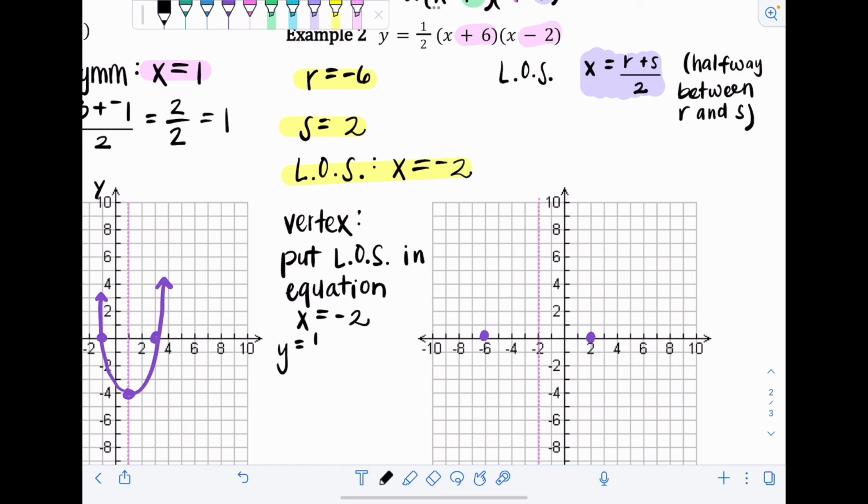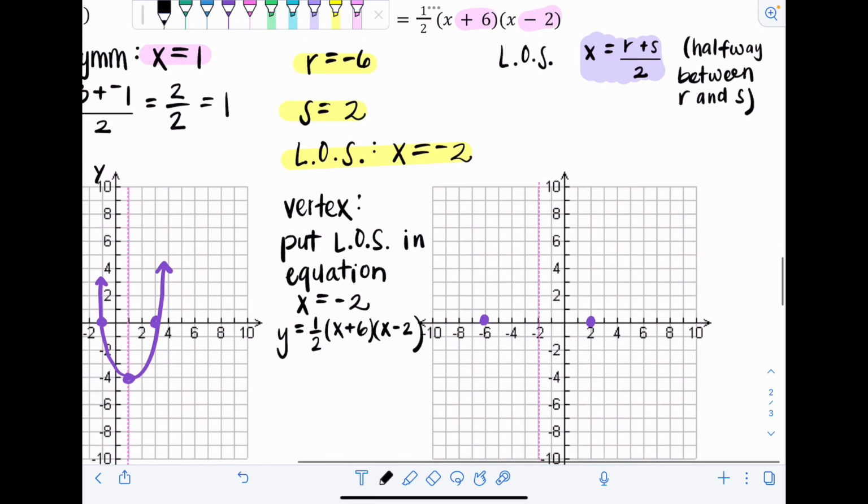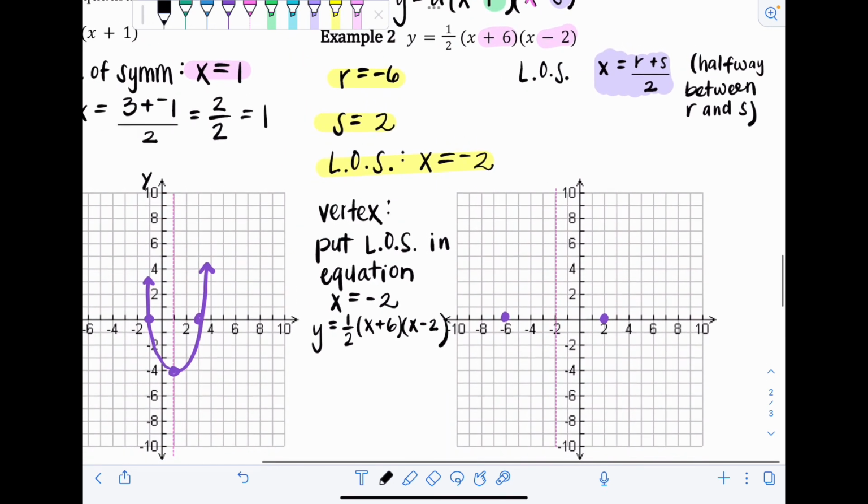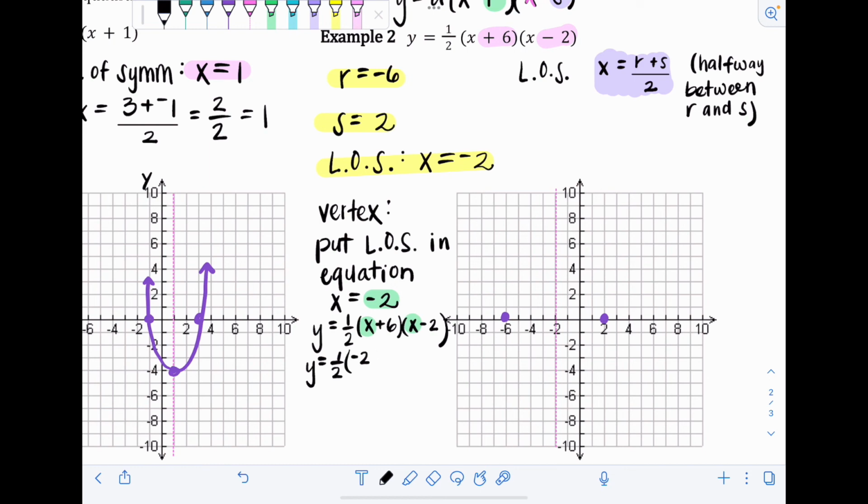It's y equals 1/2 times (x plus 6) times (x minus 2). And then I'm going to take that -2 and put that in for both of the x's. So that'll be y equals 1/2 times (-2 plus 6) times (-2 minus 2).